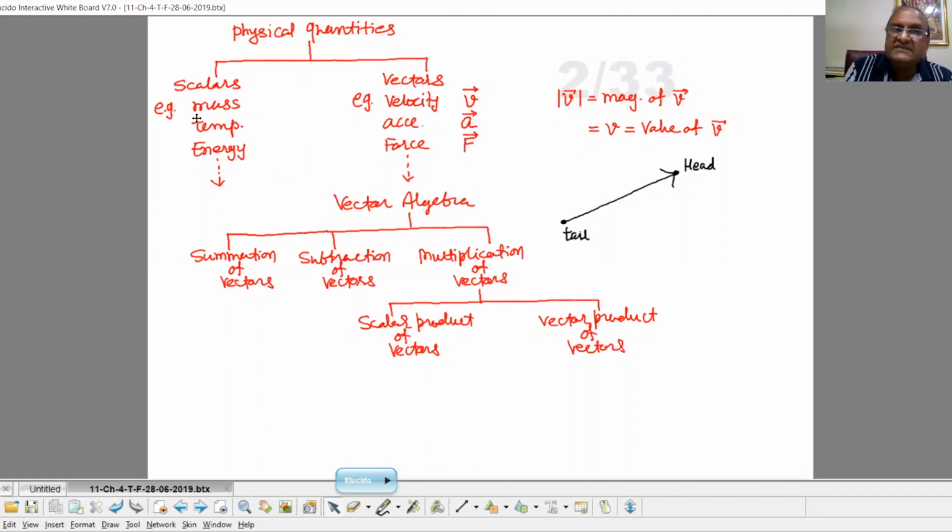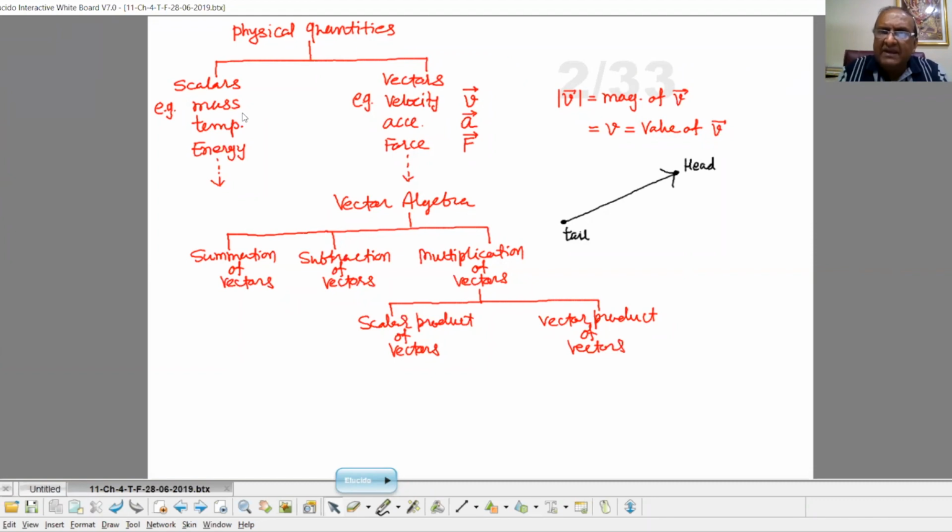See the example: mass, temperature, energy. Suppose we say mass of a particle is 1 kilogram. So yes, now perfectly explained.